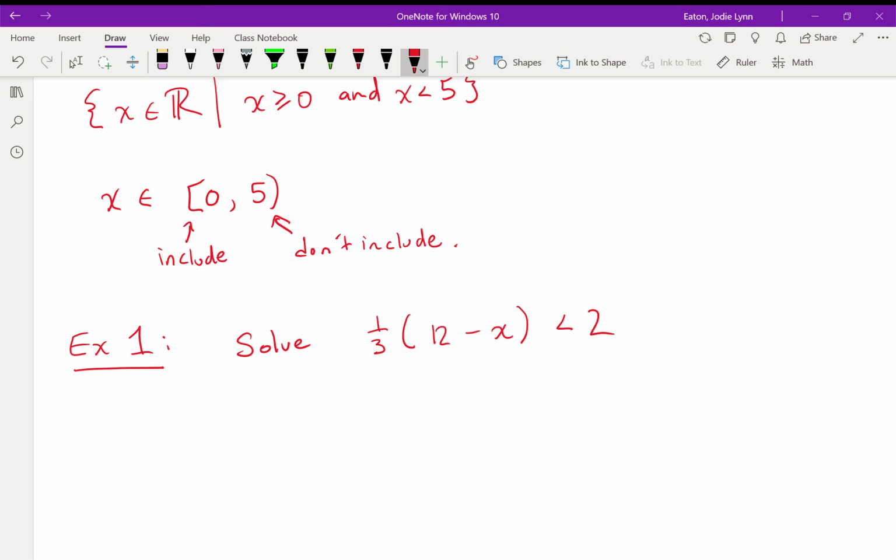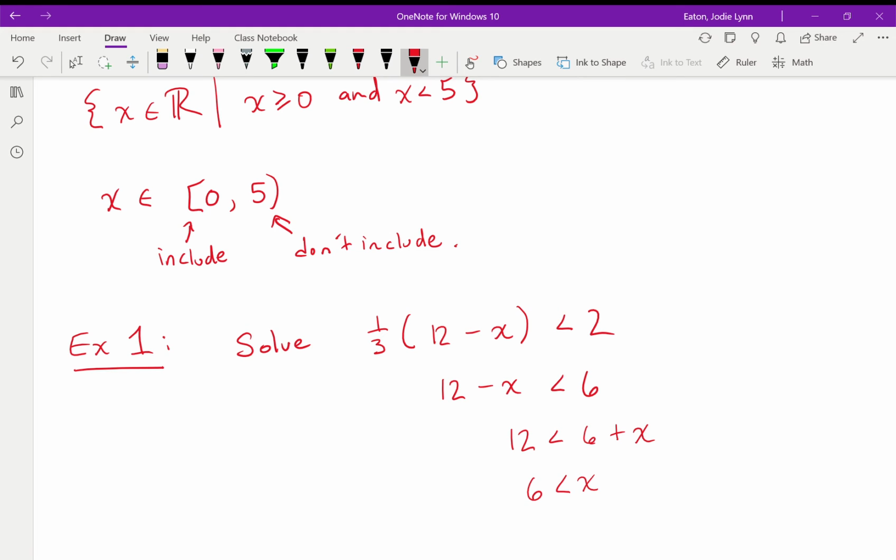So if I multiply both sides of my inequality by 3, I get 12 minus x is less than 6. If I add x to both sides, I get 12 is less than 6 plus x. And subtracting 6 from both sides, we get 6 is less than x.